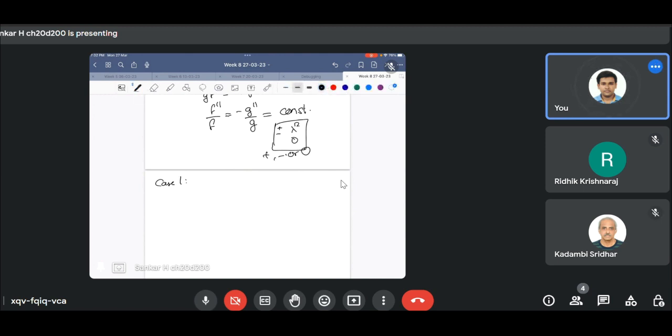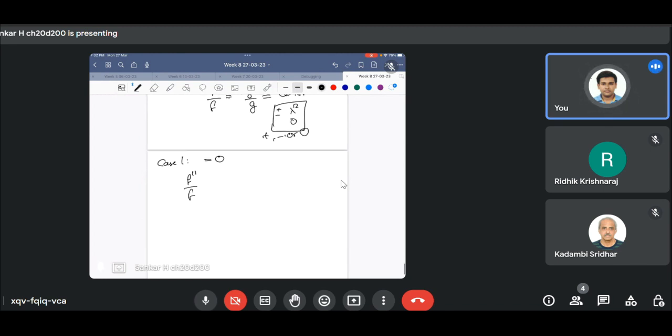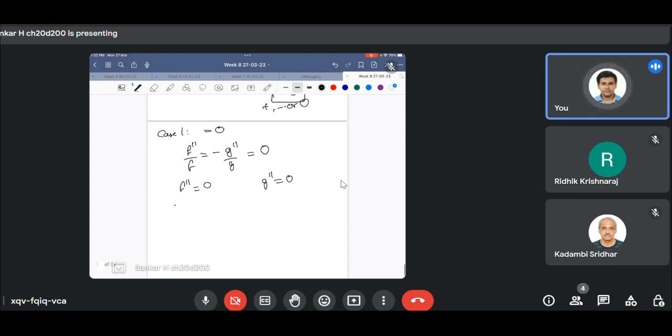Case 1, equate it to 0. Therefore, f double dash by f should be equal to minus g double dash by g should be equal to 0. Therefore, we'll get f double dash equal to 0, g double dash equal to 0. Therefore, we'll get f as c1 y plus c2, just by integrating this twice. g is c3 y plus c4.